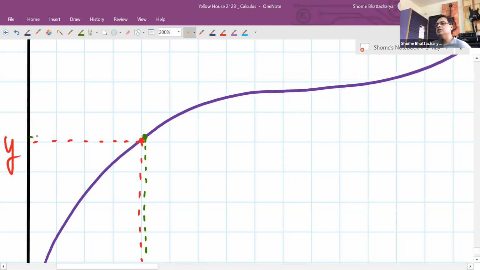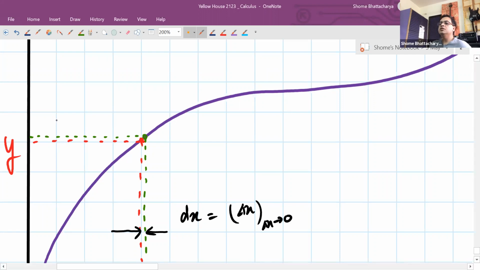And correspondingly, the change in y will also be very small, because the change in x is very small. So this change in x over here, you can see, is the differential interval dx, which is basically equal to delta x with the limit that delta x is tending to 0.